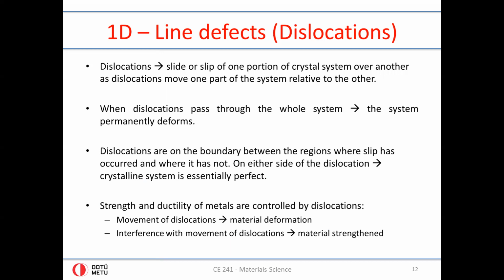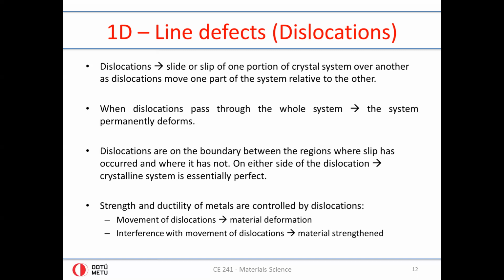And through this movement of dislocations through the whole system, the system is able to deform permanently. So 1-dimensional defects are extremely important in that they define how or why a metal is able to bend permanently.